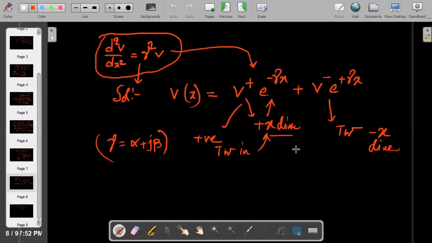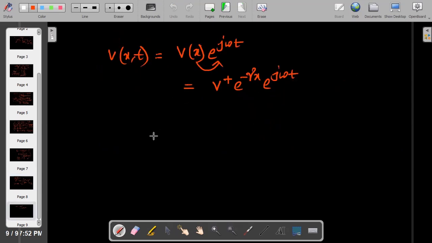You just see over here. V plus e to the power minus gamma x multiplied with e to the power j omega t. Then only your voltage will be space and time dependent. And another component will be there, V minus e to the power plus gamma x e to the power j omega t. Very simple.